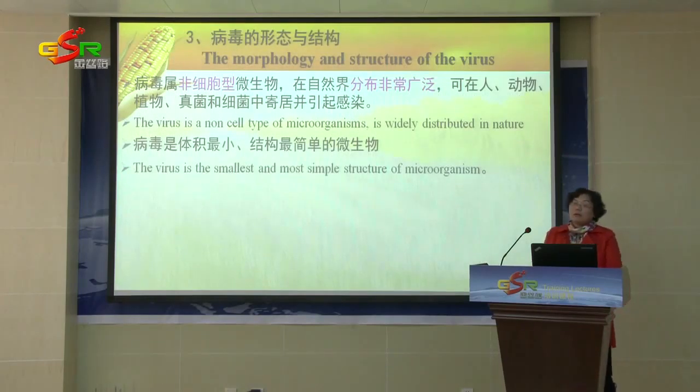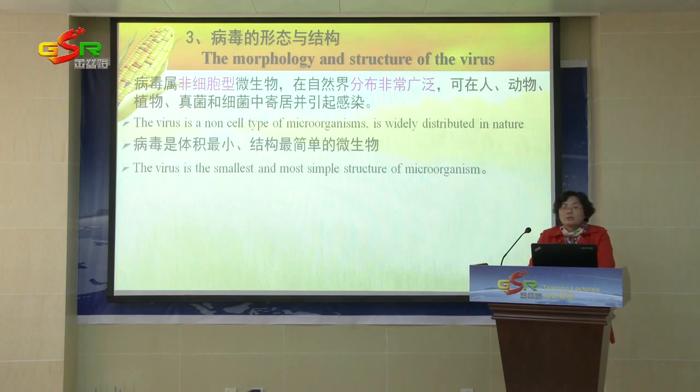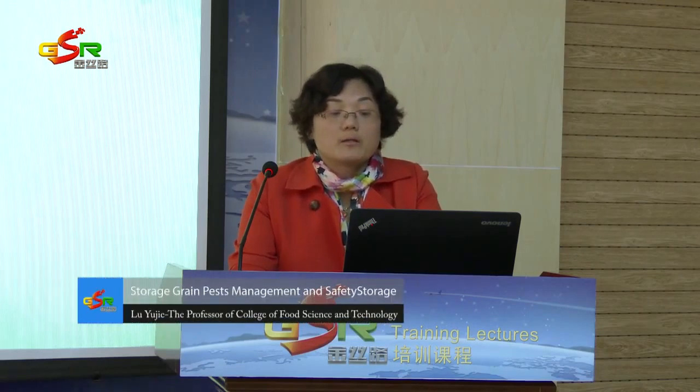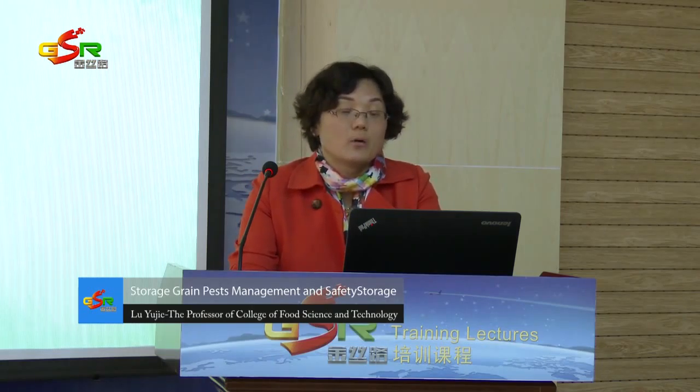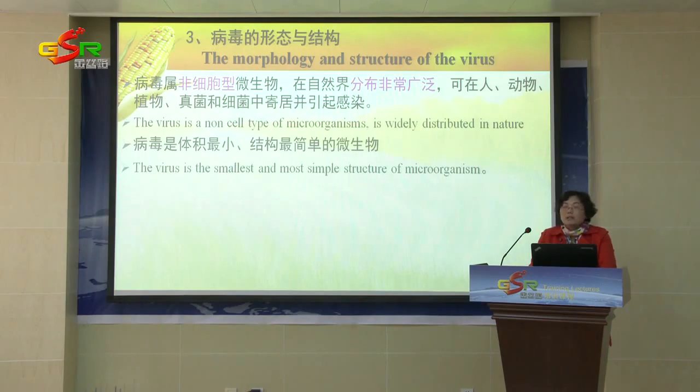And the last one is the pest, which is the virus. We know what a virus is. With a virus, you can feel fever, or you can feel disease. We know it is the virus that induces disease. The virus is a non-cellular type of microorganism, widely distributed in nature. In human beings, animals, plants, fungi, and bacteria, it can induce many diseases. The virus has the smallest and simplest structure of a microorganism.